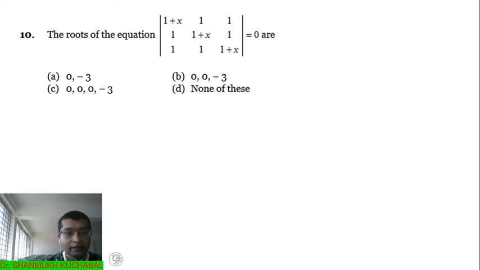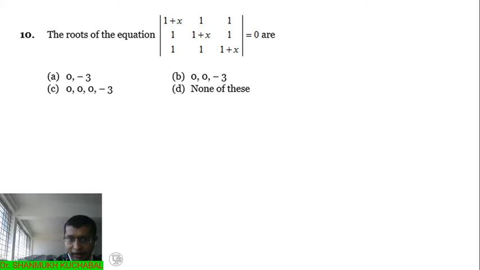Okay, then the roots of the equation, 1 plus x 1 1, 1 1 plus x 1, 1 1 1 plus x equal to 0, then which of the following is the right answer? So looking at this, it looks very complicated. So here we'll solve it in a very simple manner.